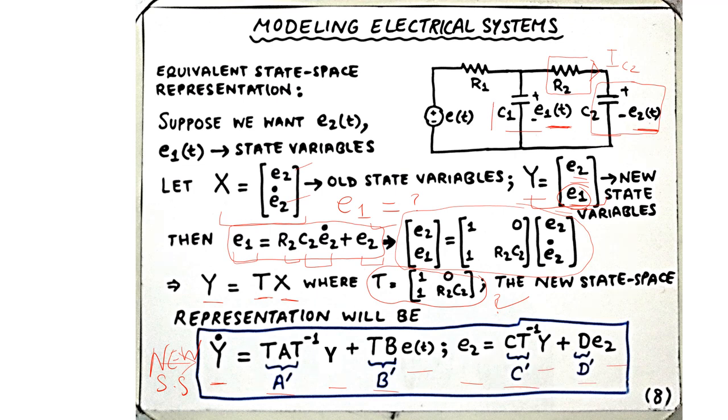Okay, what is A prime then? A prime is T times A times T inverse, where A is the state space matrix for the old state space representation, and B prime is the transformation matrix multiplied with the B matrix of the old state space representation. Likewise, C prime is C of the old state space representation multiplied by the inverse of the transformation matrix, and D and D prime are essentially the same.